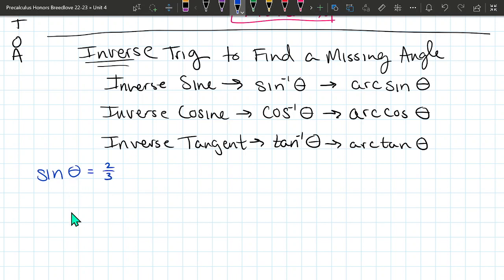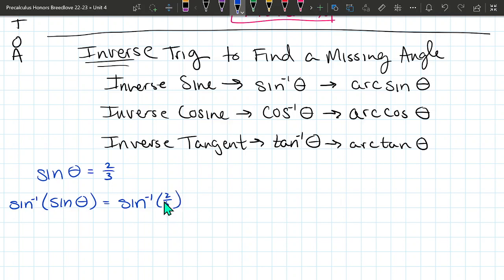If you wanted to solve for theta, I feel like you were probably just shown to do the inverse. But the reason is that to undo sine of theta, you do the inverse sine. So it's the inverse sine of the sine of theta equals the inverse sine of 2/3.